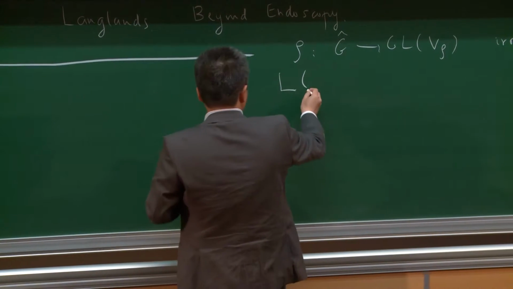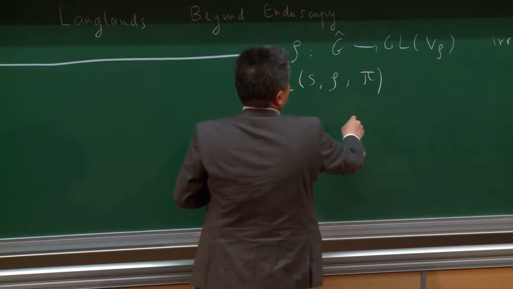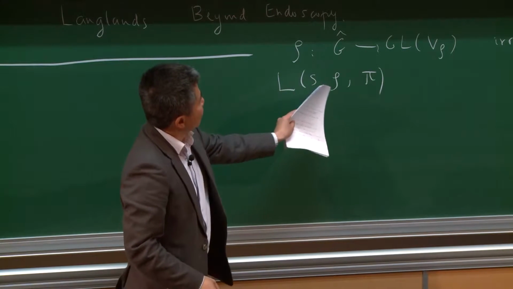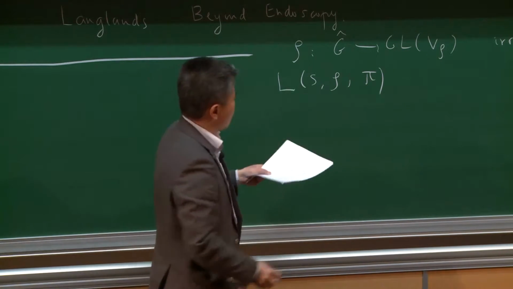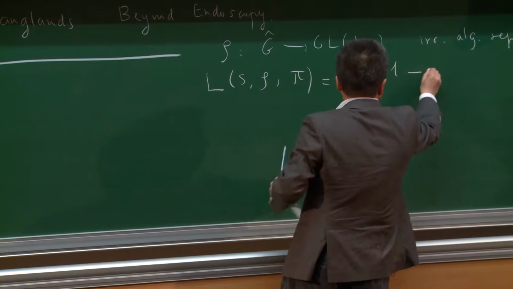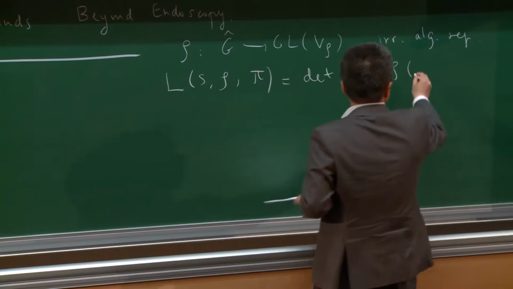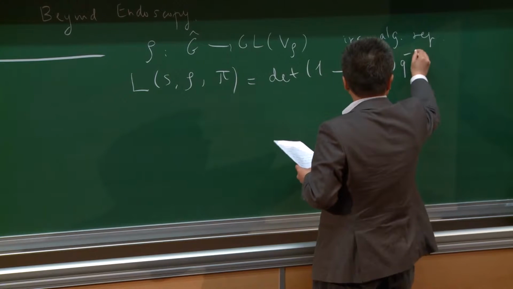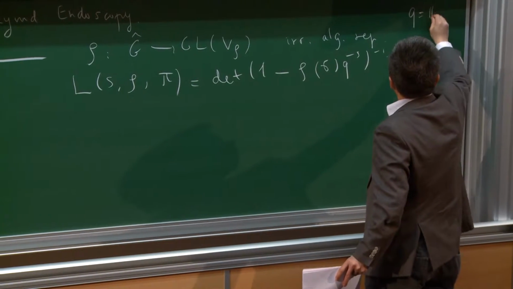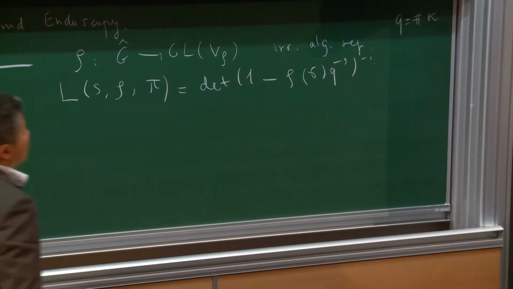It depends on a complex parameter s, rho, and pi. It's really about pi, but we have auxiliary parameters s and rho, and it is the determinant of 1 minus rho of sigma times q to the minus s, minus 1, where q is the cardinal of the residue field of the local field.